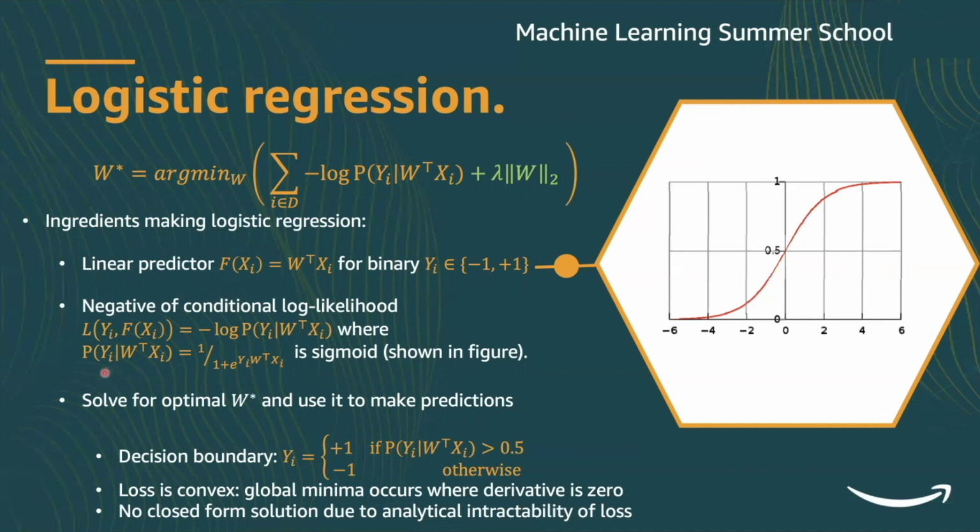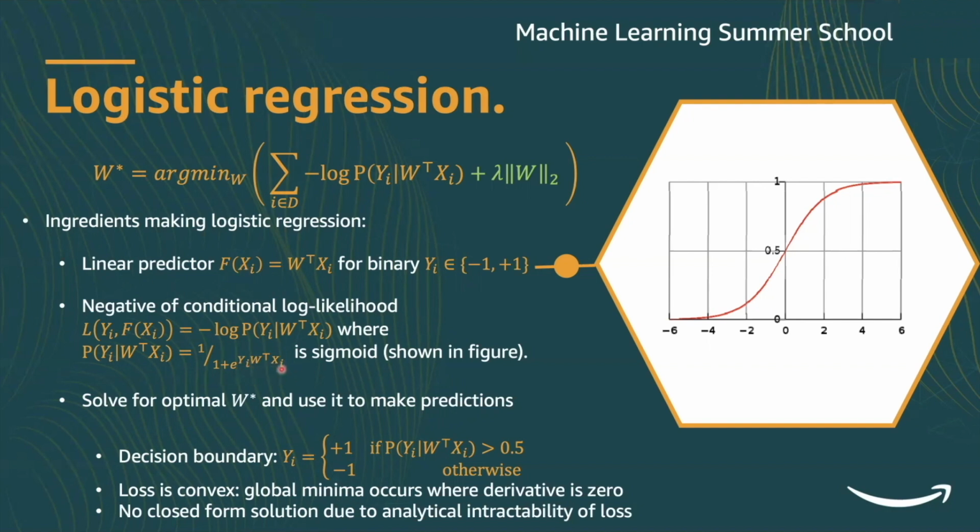We are going to compute the probability that the sample xi belongs to the class yi. So we need a function that will give us the probability that the sample xi belongs to the class yi. And this is where we use the sigmoid function, which is nothing but 1/(1 + e^(-yi f(xi))), where yi is the true value and f(x) is the predicted score.